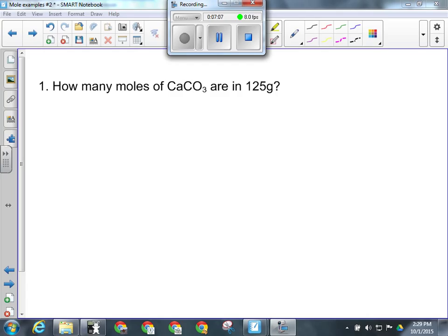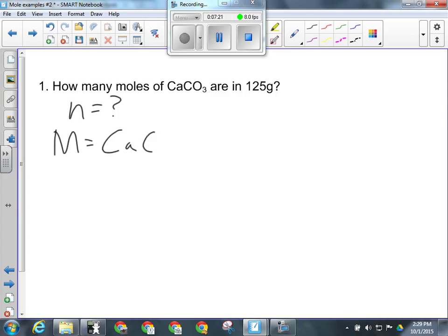So number 1 is an example of the easiest, most basic type of mole equation question. How many moles? They're asking us to calculate n of calcium carbonate. Since they tell me the material, I can calculate the molar mass, big M. Calcium is 40.08, carbon is 12.01. How many carbons are there? 1.